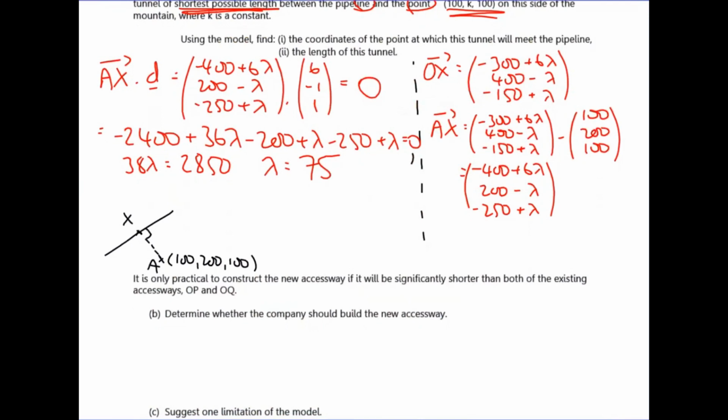To get the coordinates of the point at which this tunnel will meet the pipeline, that's asking for the coordinates of X. So I'm going to substitute this lambda back into OX.